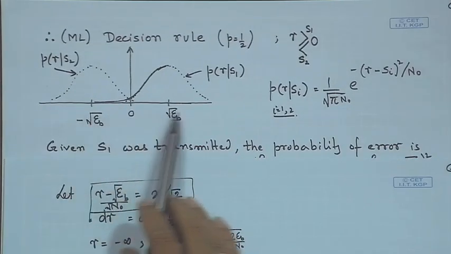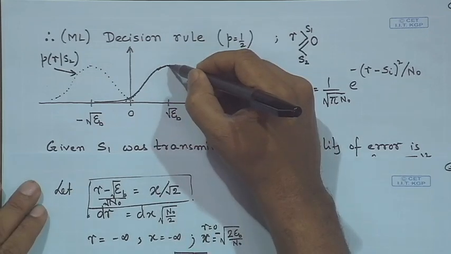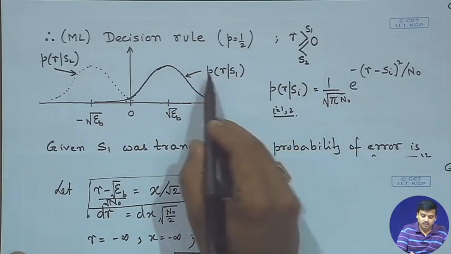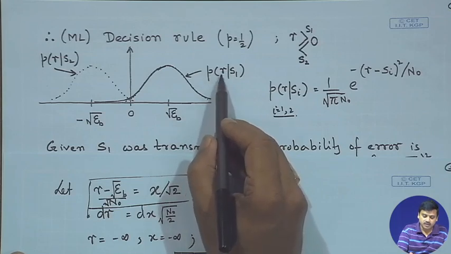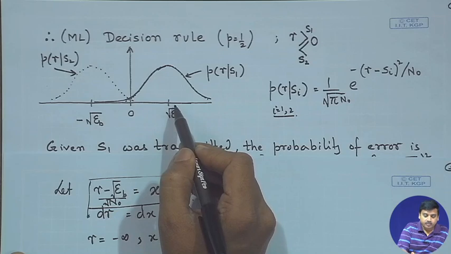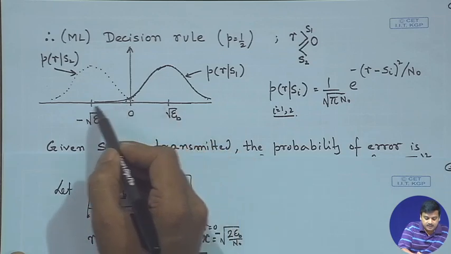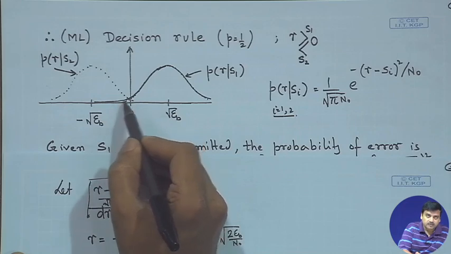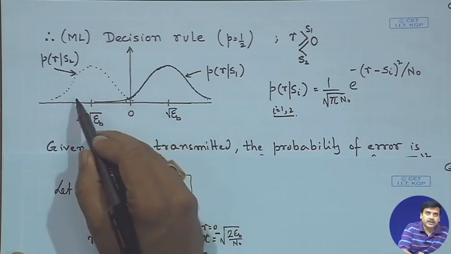For equiprobable transmission, we have calculated the conditional PDF of a given signal for the received vector. If I know S1 was sent, the probability that it is detected as S2 is the area under the curve in the region of S2.